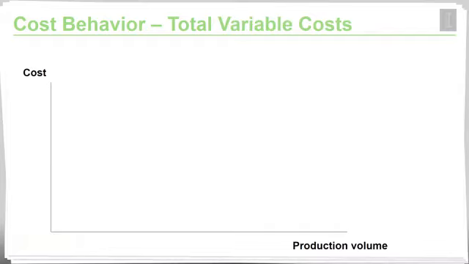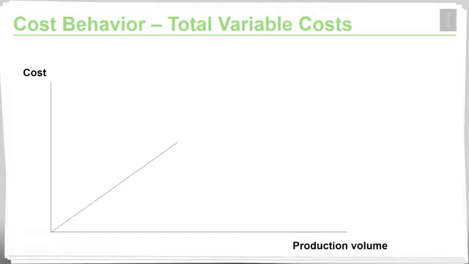Now, one caveat is that I've drawn these lines in a very simple manner. Take, for instance, the total variable costs. Originally, we had a straight line originating from the origin and then sloping upward, and that line was depicted as linear. In reality, that line isn't necessarily all that straight.